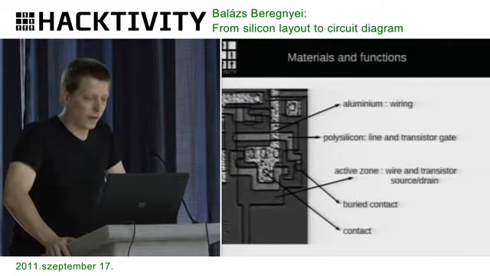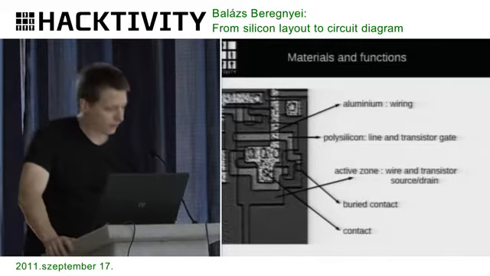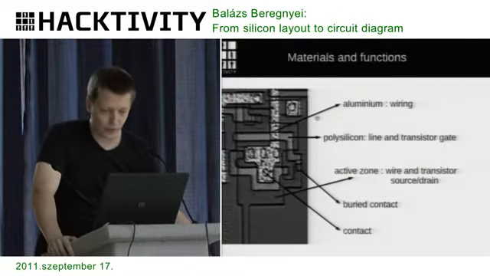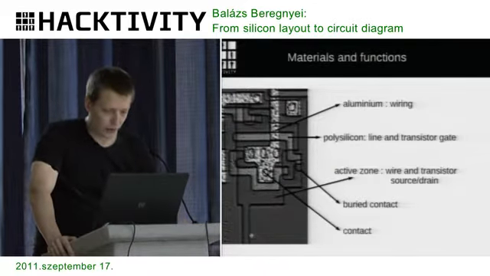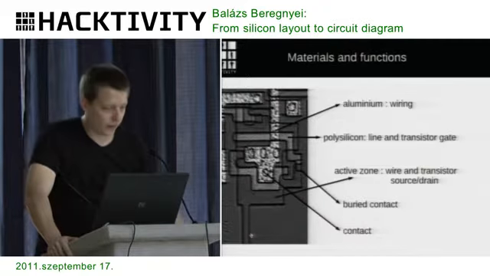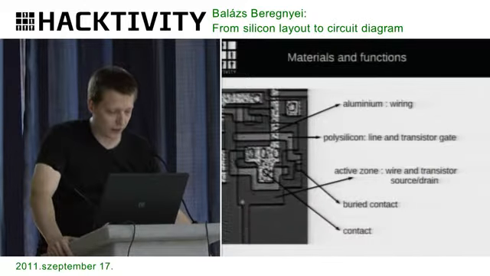These are all the components. We already discussed the active zone. This is the black mark on the gray background. This is the boundary of the active zone. Active zone has a double role.